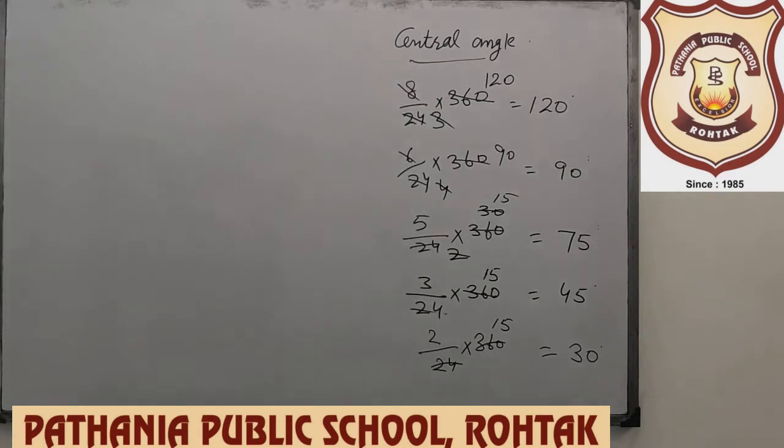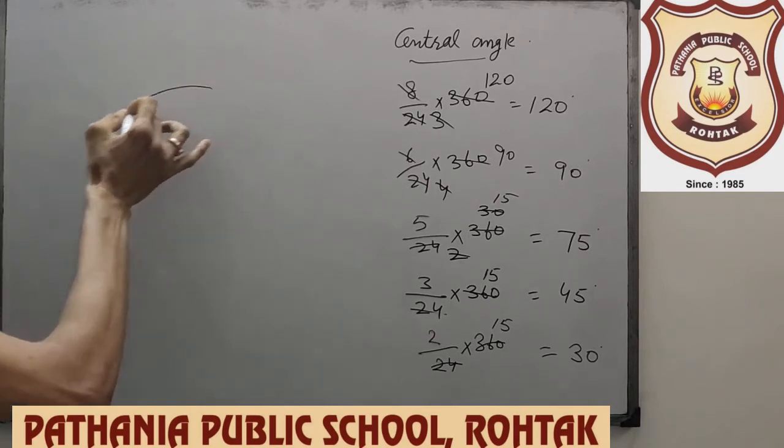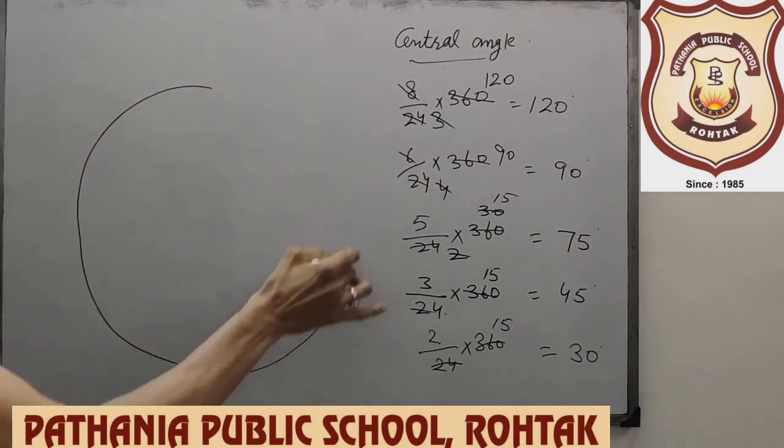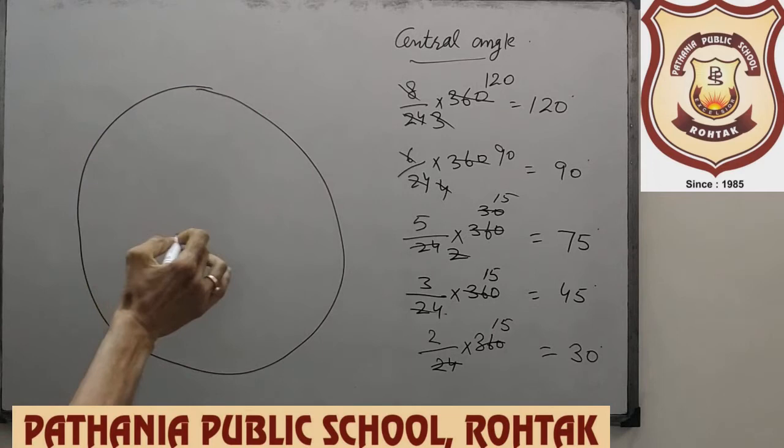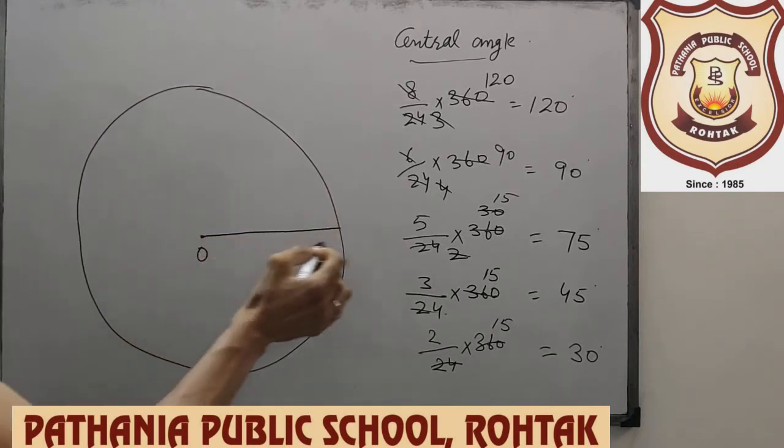First we draw a circle taking any radius. Whatever be the radius, that is your choice. Put the compass here and take this much as radius. Draw this circle. Now draw any radius.